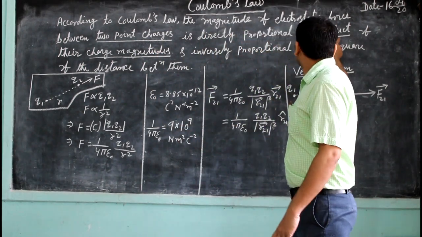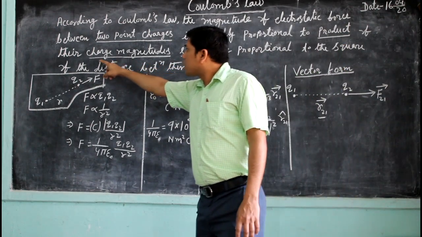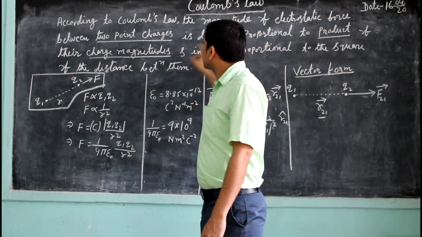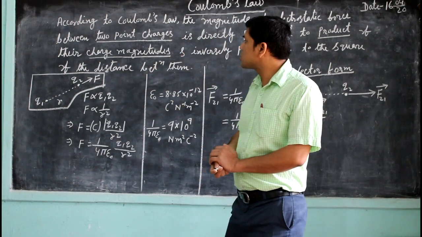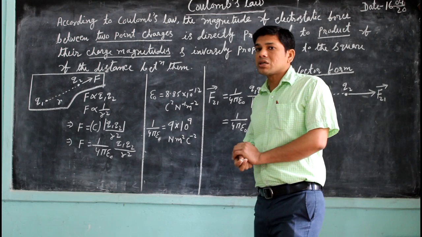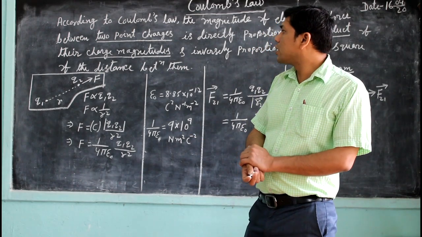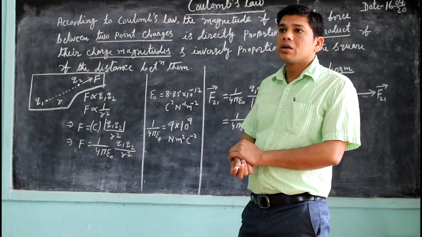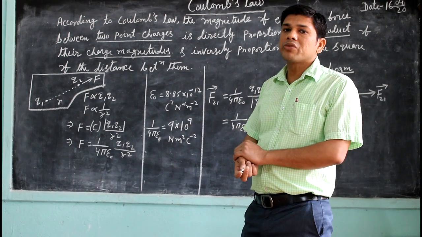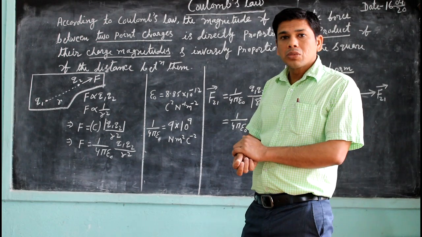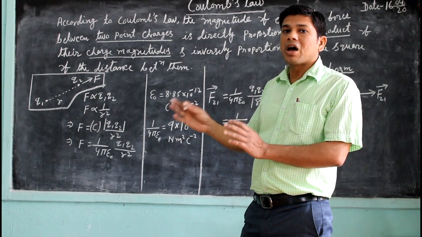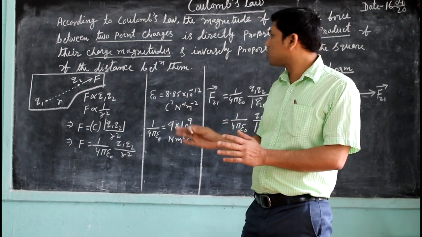And it is directly proportional to the product of their charge magnitudes. Means if there are two charges, for example 2 coulombs and minus 4 coulombs, we have to take only 2 coulombs and plus 4 coulombs, not minus.